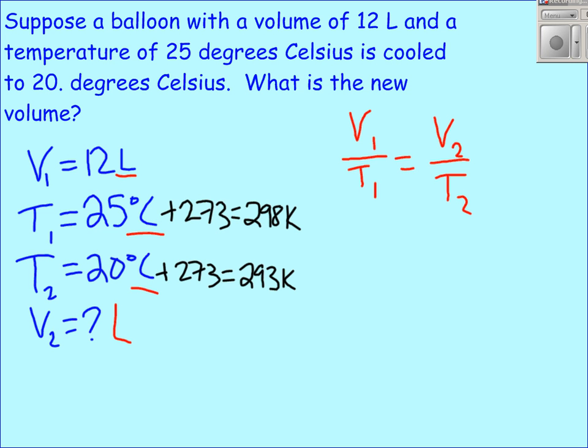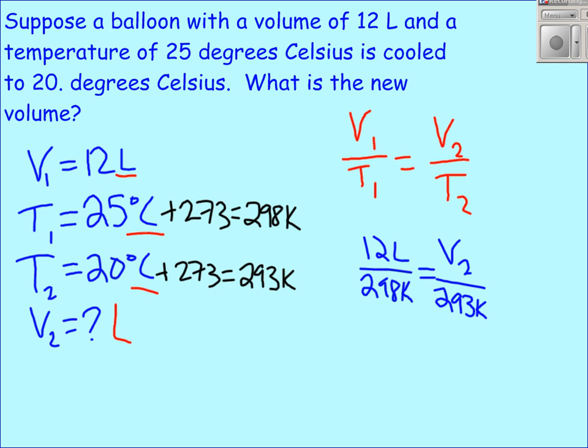Now I can use my equation. I plug in my V1, which is 12 liters, over my T1, which is 298 Kelvin. That is equal to my V2, which is what I'm solving for, over my T2, which is 293 Kelvin.